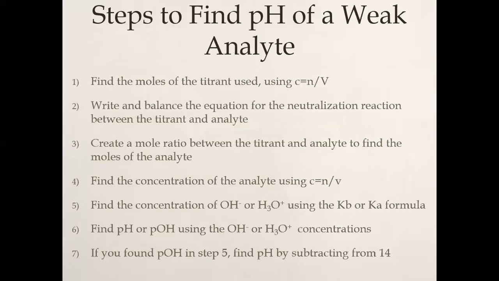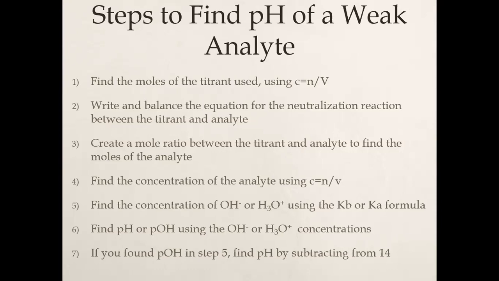So we're going to start just like we have been doing with our balanced chemical equation. We'll do the C equals N over V for the titrant, mole ratio to find the moles of the analyte, and then back to C equals N over V for our concentration of our analyte. So that is just the normal solution stoichiometry stuff that we've been doing all along.